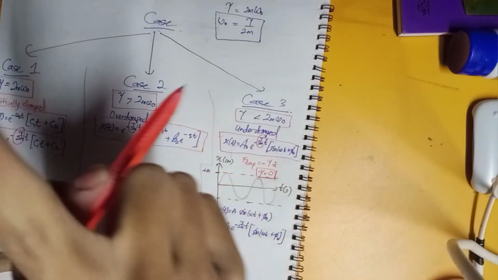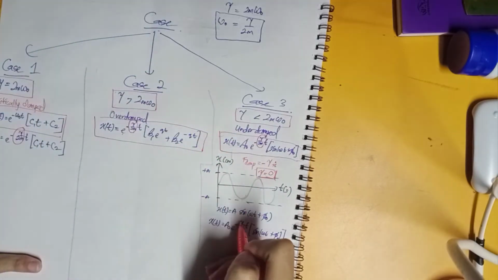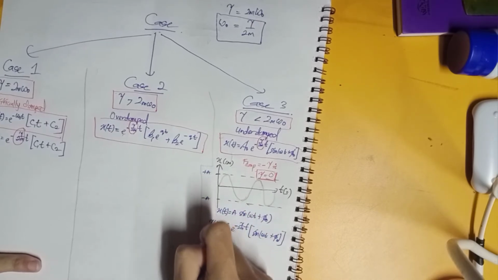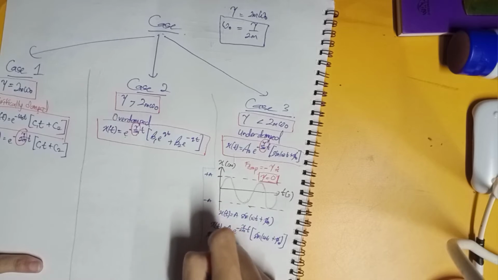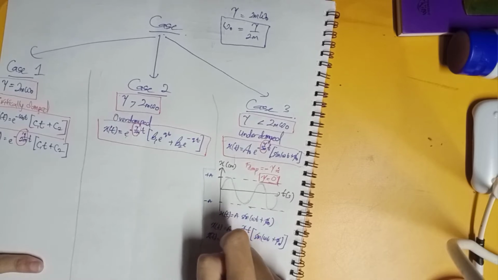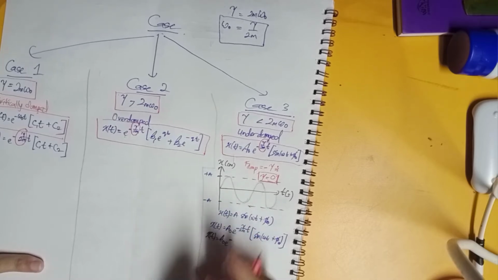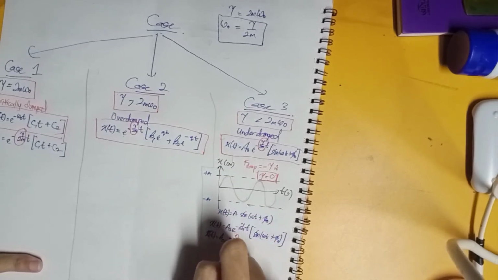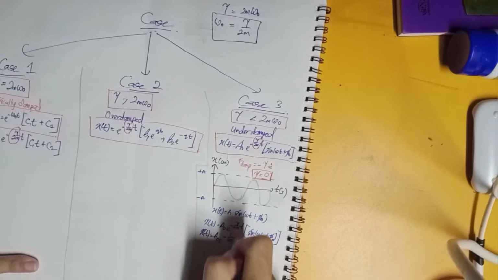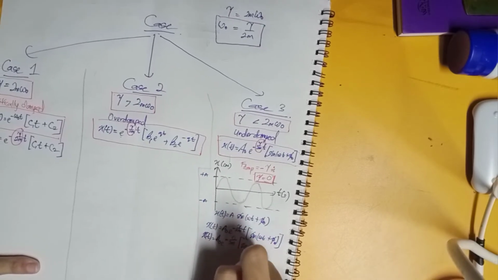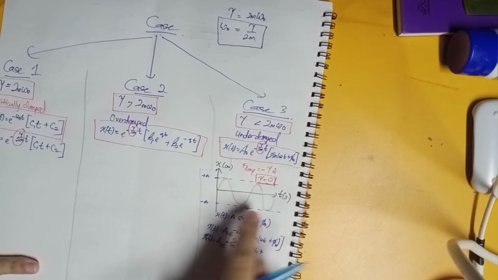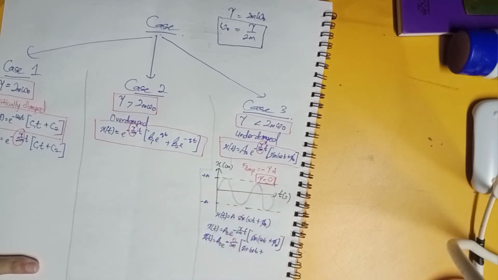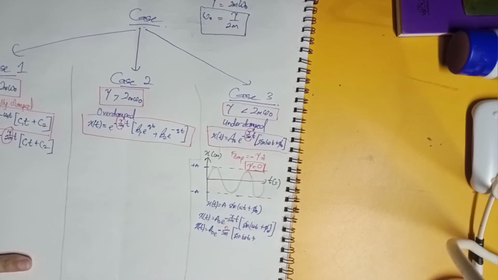So when we substitute gamma inside this equation, right now I'll do some substitution. So x(t) equals A naught times the exponential power of negative gamma over 2m times t, where gamma is equal to 0, and then times sine omega t plus phi naught. Since the oscillation starts at x equal to 0, that means phi naught is equal to 0.